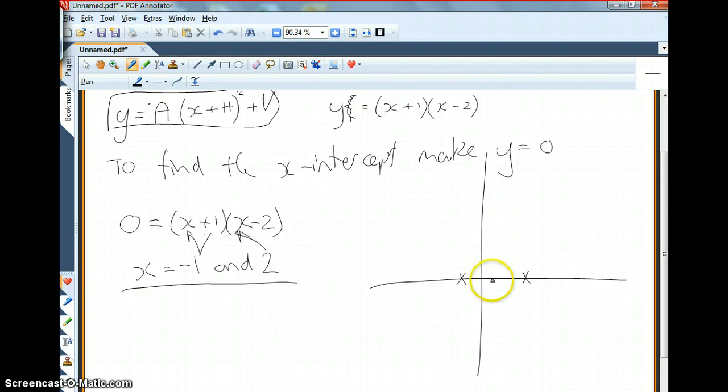And the mirror line will be at this point here. Now remember, this is 2, this is minus 1. What is halfway between positive 2 and minus 1? A half.